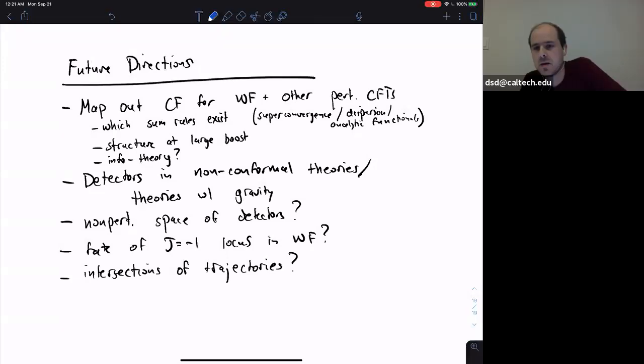Yeah, that's a really interesting question. So maybe a baby version of that question that is, I think, still interesting is to think about something like eigenstates of the average null energy operator. The average null energy operator is maybe the simplest example of one of these detectors.